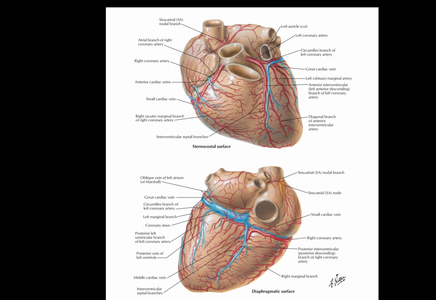All these cardiac veins join to form the coronary sinus. Then the coronary sinus directly drains to the right atrium, and there is another vein called the anterior cardiac vein. This vein directly drains into the right atrium.